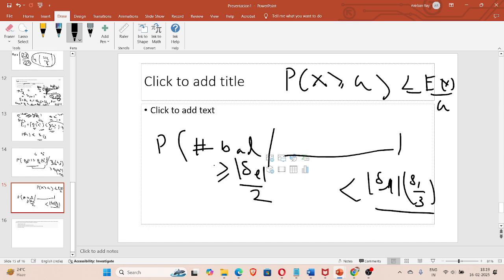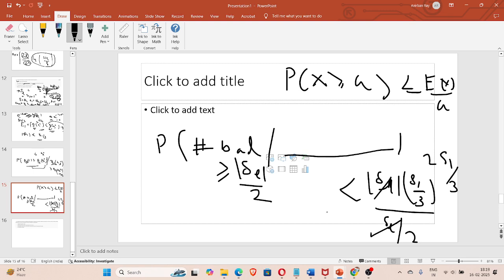So for the probability, this has to be divided by delta_L by 2. Delta_L cancelled, this becomes 2 delta_1 by 3. So like that.